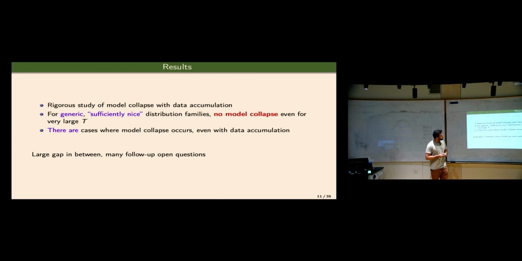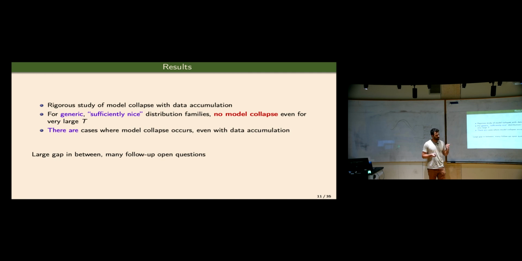And the main theorem that we show is that if the family of distributions that you're working with is sufficiently nice, and I'll say in a minute what I mean by sufficiently nice, then you're not going to get model collapse even when the number of iterations is huge, more or less exponential in the number of samples at each iteration.